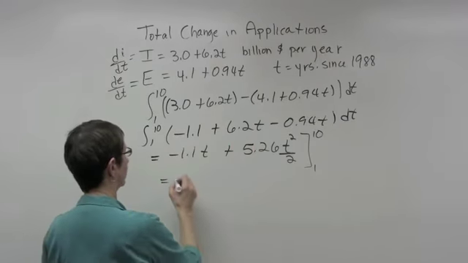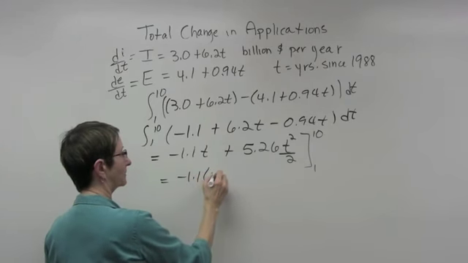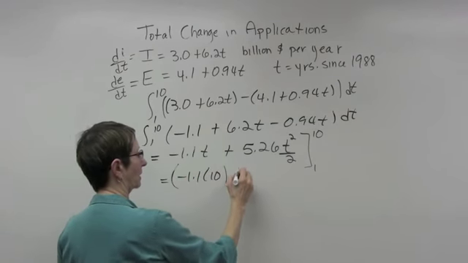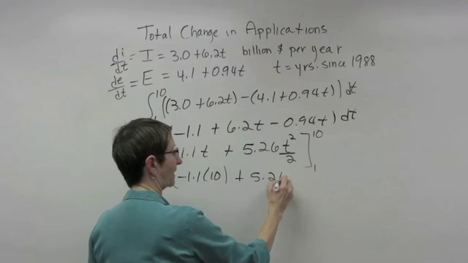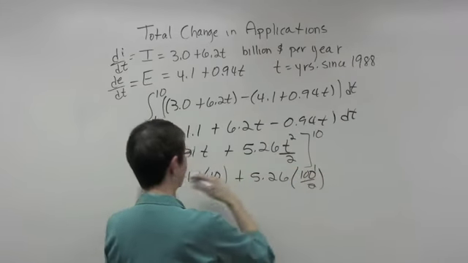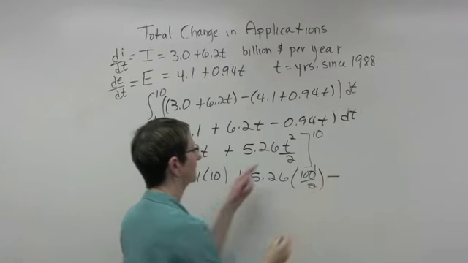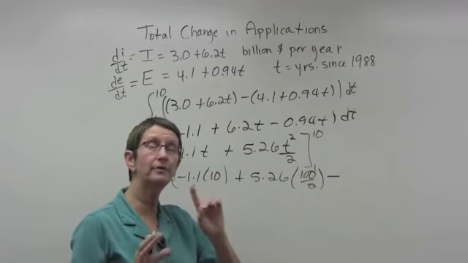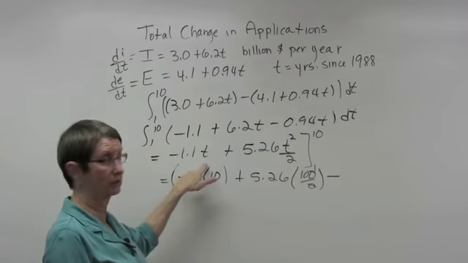Equals, you plug in your numbers. Negative 1.1 times 10 goes in first, plus 5.26 times 10 squared is 100 over 2. And then we have to subtract off what we get when we plug in 1. Now remember, this is not a 0. We're plugging in a 1 here.